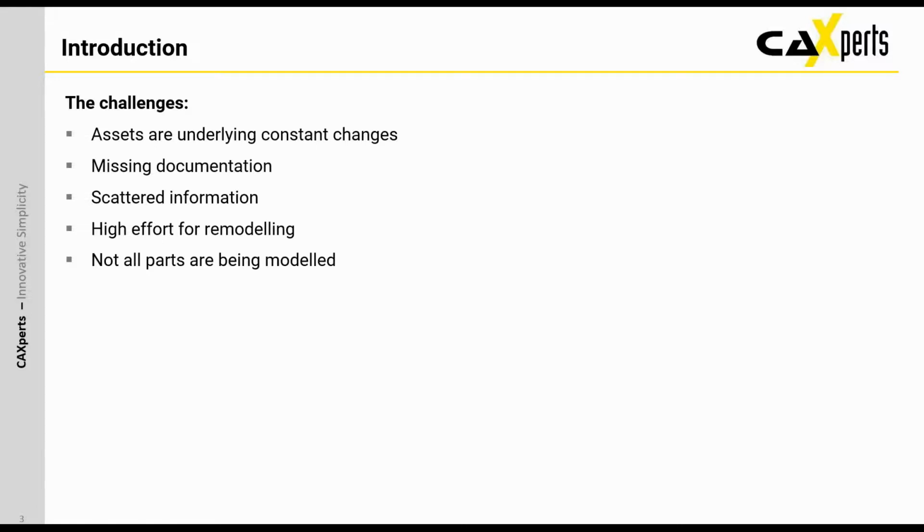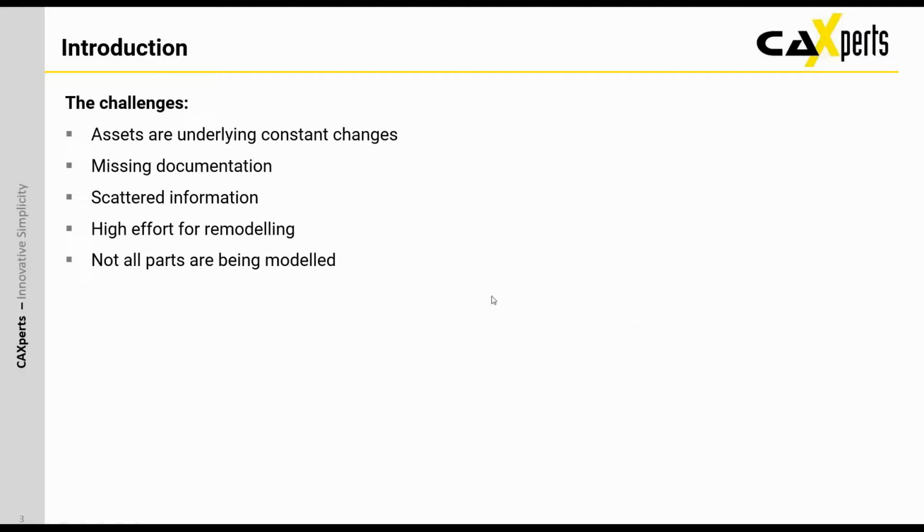You have scattered information, so different sources for documents, for models, for all types of information we need, and also models modeled in different systems that might not even be compatible with each other. So all in all, it's quite high effort to remodel a whole asset or plant, and even doing so, not all parts are being modeled.